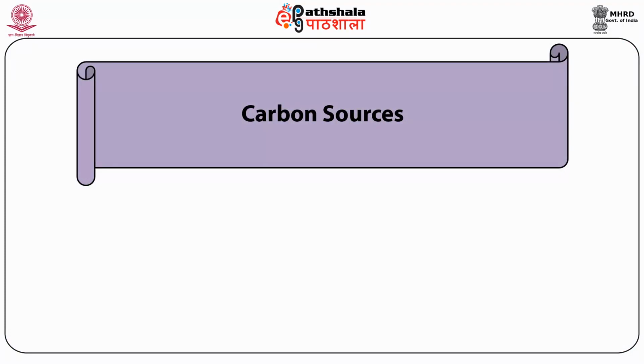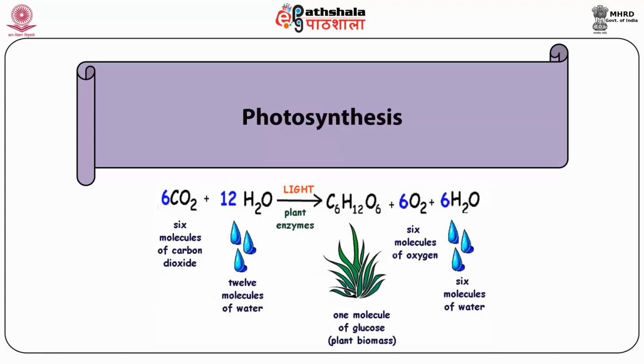All living cells, they require energy. Animals, they don't produce their own energy, and that is why they are dependent on getting food from outside. On the other hand, plants photosynthesize. They prepare their own food from carbon dioxide and water. So CO2 plus H2O gives rise to C6H12O6, that is a carbon molecule or a glucose molecule which is produced.